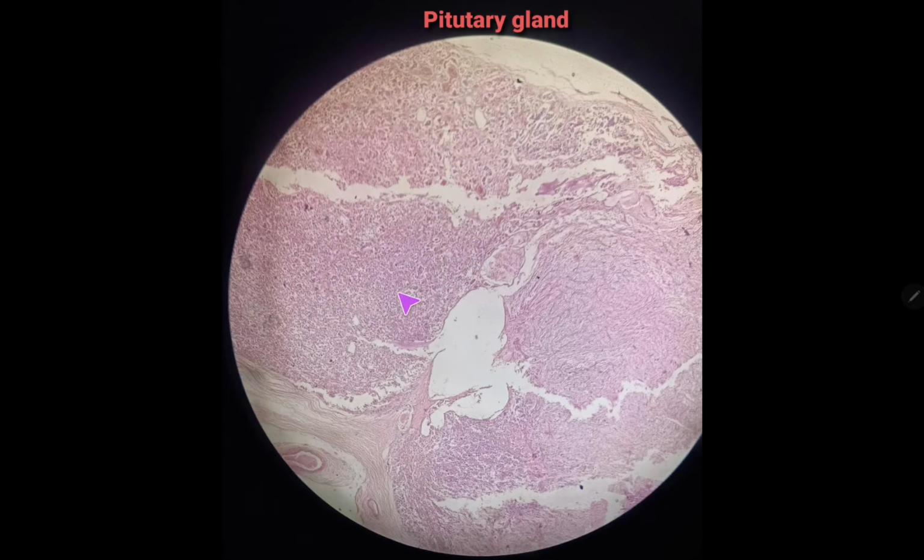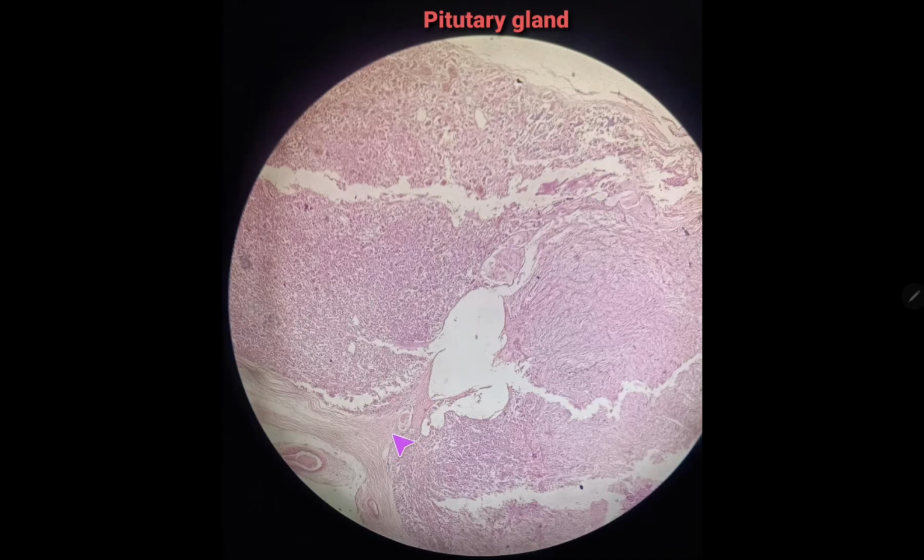Adenohypophysis is differentiated into three divisions. Major part is pars distalis, the part that surrounds the neural stalk is called pars tuberalis, and the part that lies behind the pars distalis and in between the pars posterior and pars distalis is pars intermedia. This pars intermedia has some colloid filled cysts.